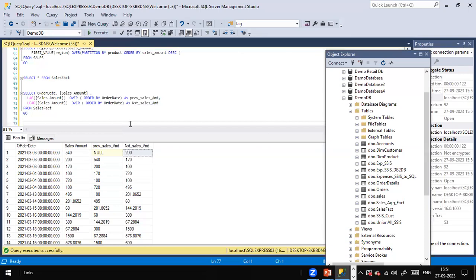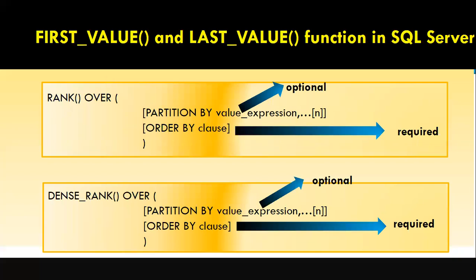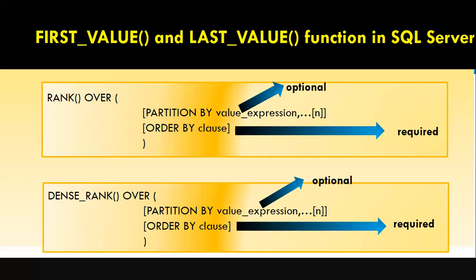And what else? I covered almost all the important and most frequently used functions here. Rank function, dense rank, and they'll ask you the difference between rank and dense rank. When a tie happens, rank will skip the rank, and to address that kind of situation you can use dense rank.